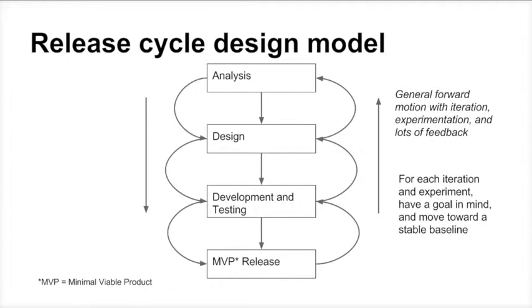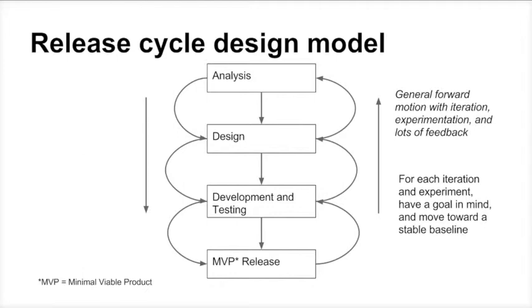As you can see by this diagram, I certainly see that there should be iterations. Design is certainly affected by implementation in terms of discoveries that are made through, for example, a refactoring process.